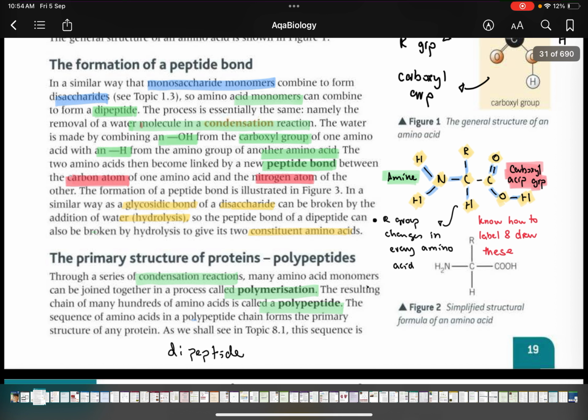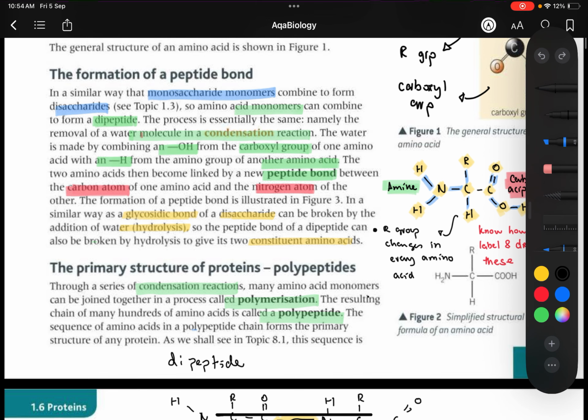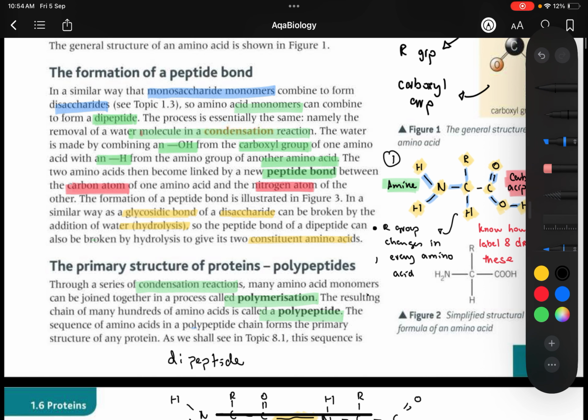So if I was to draw a condensation reaction between these two amino acids that I've drawn right here, I would take the OH from here, and then I would take the hydrogen from the amino group, and you need to do it from the amino group.